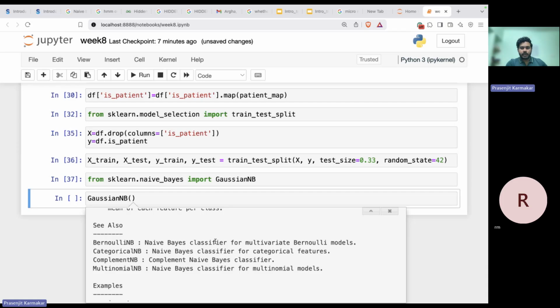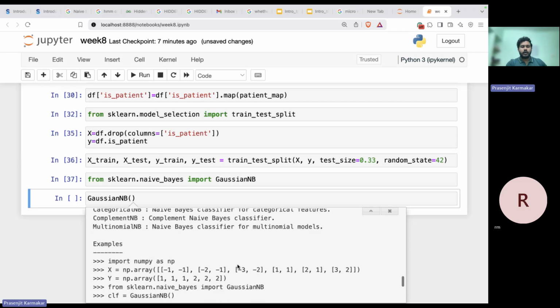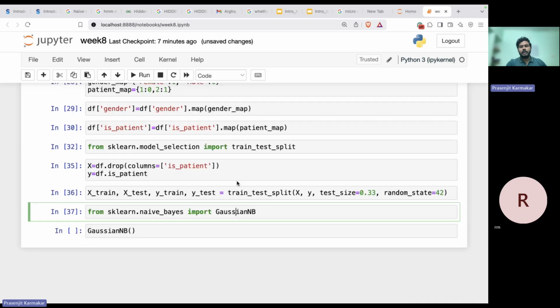Naive Bayes classifier for multivariate Bernoulli model. So for Bernoulli it assumes Bernoulli, and for Gaussian it assumes the data distributions to be Gaussian.